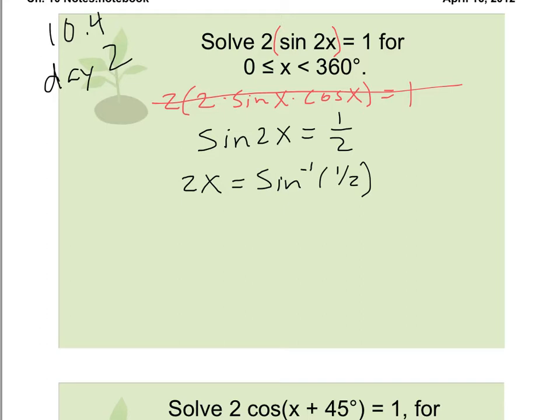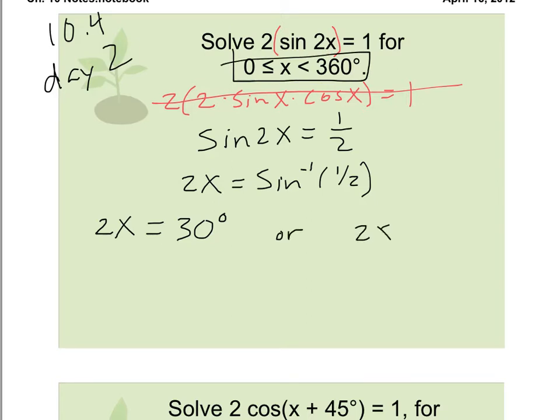It's not going to be a huge deal. 1/2 is a key point that shows up on the unit circle. 30 degrees. The instructions make it clear here that I'm working in degrees.